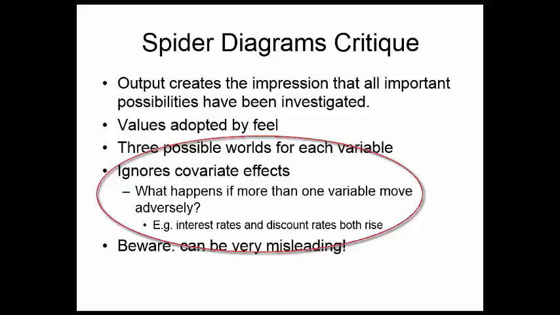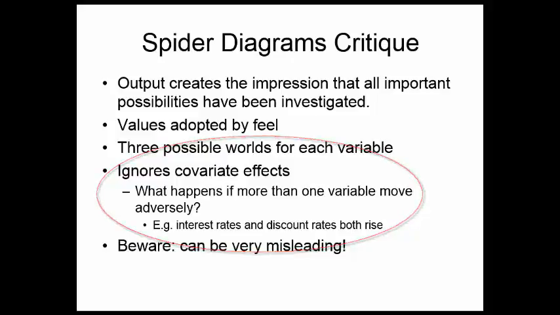Again, the same problem that we had with the sensitivity analysis, because although we may have this cluster of dots on our chart, that is only if all of the other variables remain totally as we predicted. However, if more than one of them moves, say, either adversely or positively for us, the resultant impact on net present value can be quite alarmingly high or low. It basically blows it out of the water.